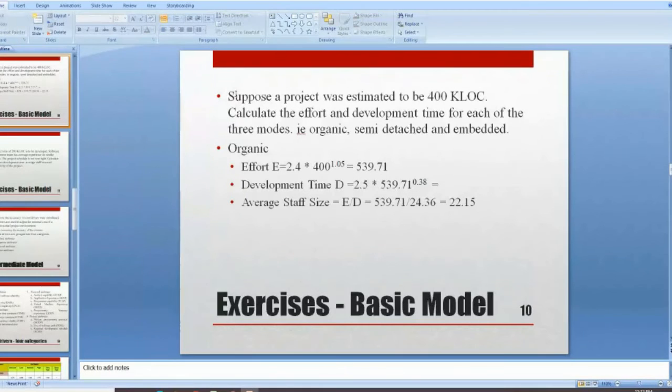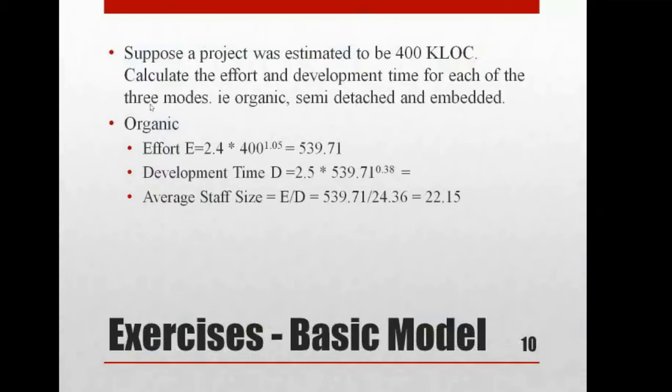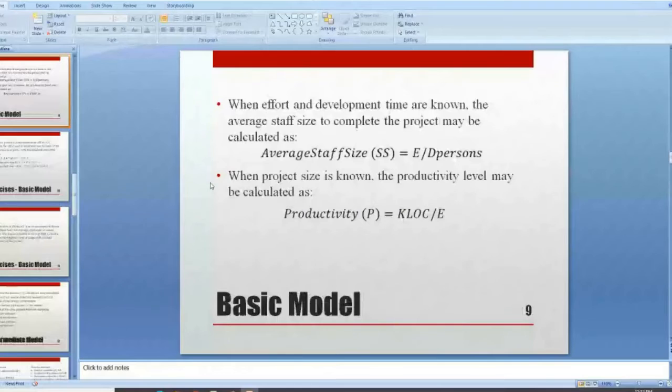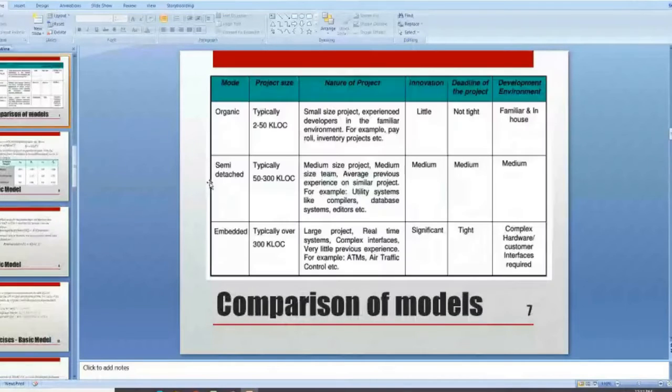So now let us see the example problem. Suppose a project was estimated to be 400 kilo lines of code. So let us see, 400 kilo lines of code will be coming under semi-detached. Okay.